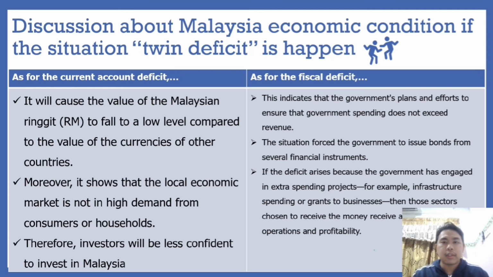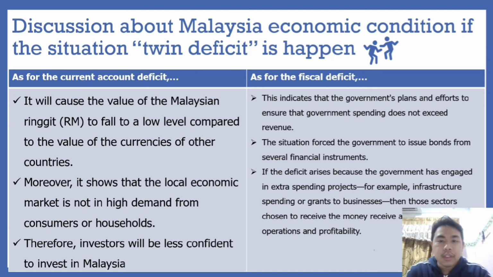Now, let's move to the fiscal deficit. This indicates that the government plans an effort to ensure that government spending does not exceed revenue. The situation has forced the government to issue bonds from several financial instruments like cheques, shares, stocks, bonds, futures, and option contracts.